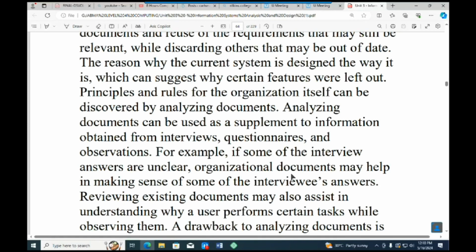You can also use analyzing existing documents as a supplement to maybe information that you obtained from interviews, information you obtained from questionnaires, and even observations. A good example can be if some of the interview answers are unclear, maybe the organizational documents here may help you in making some sense of those interview answers.